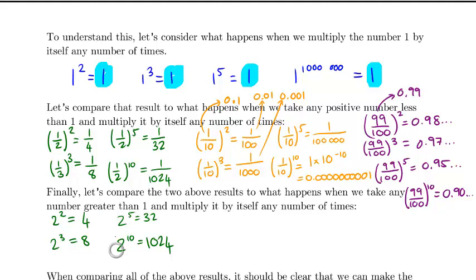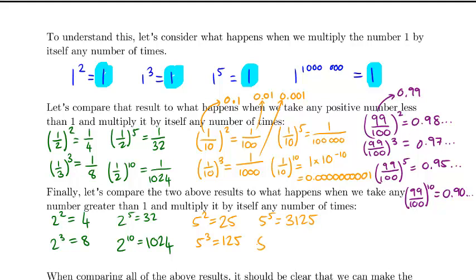Let's take a number that's even bigger than 2. Let's take the number 5, for example, and multiply it by itself. We're going to take 5 and square it. We get 25. Let's multiply it by itself even more and see what the trend is, guys. I hope you agree 5 cubed is 125. How about 5 to the 5? That's already a really big number: 3,125.